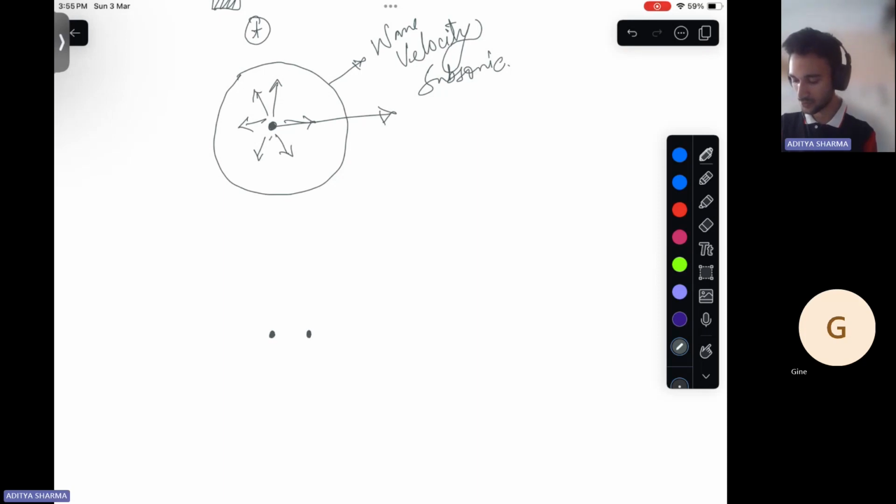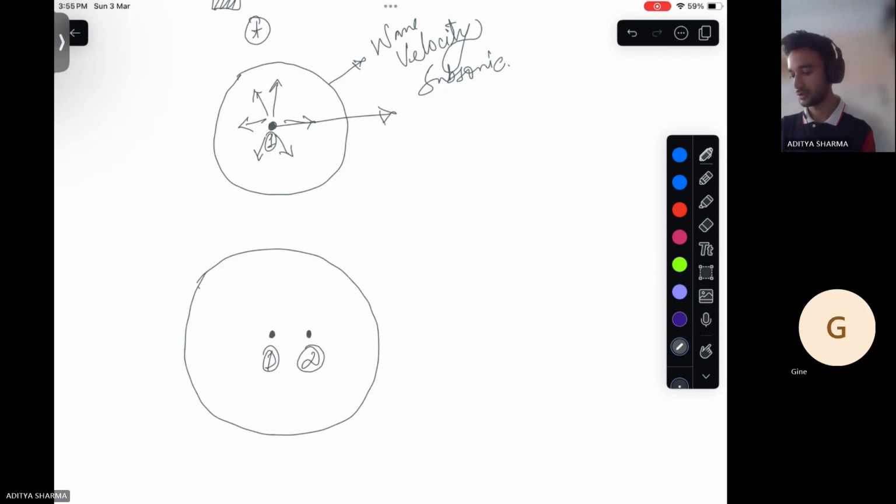This is position 1 and this is position 2. Taking the first point as center, let's just draw a circle with respect to point 1.